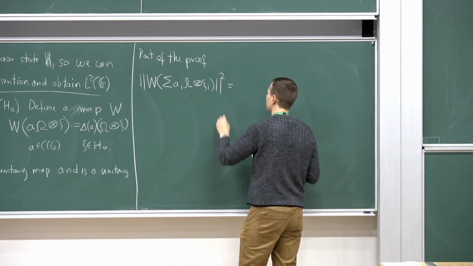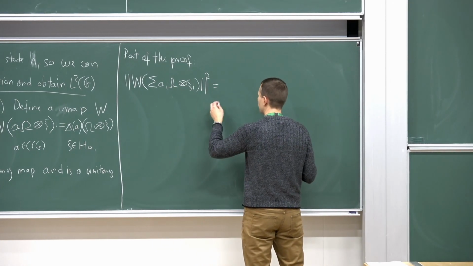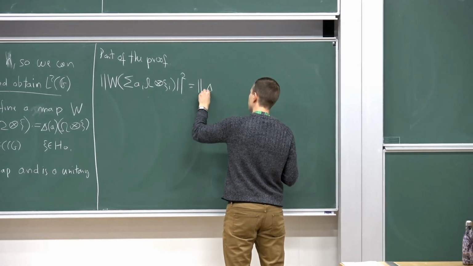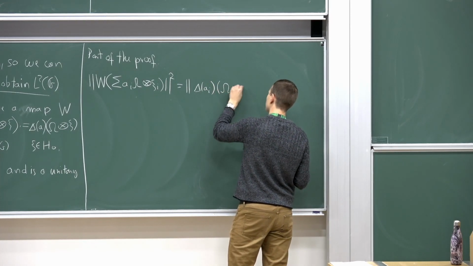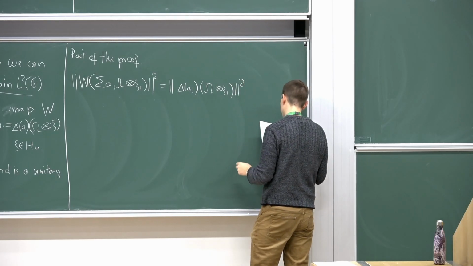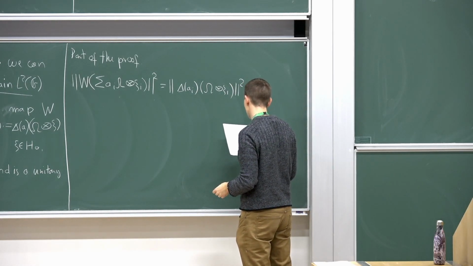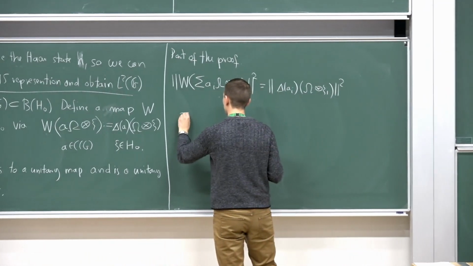Compute the norm squared. By definition this is the same as the norm squared of delta of A_i omega tensor psi_i. Now we just write the norm squared as the inner product.